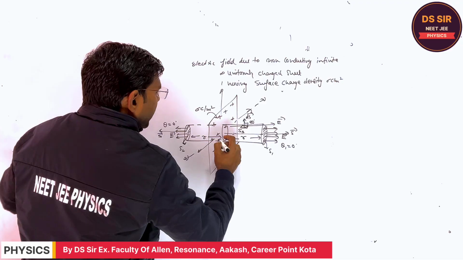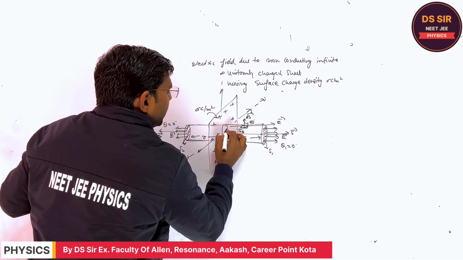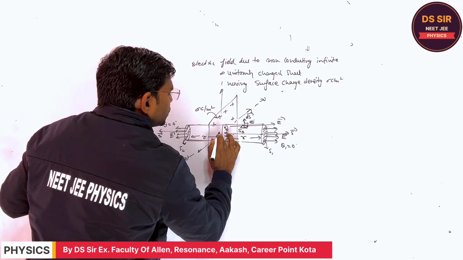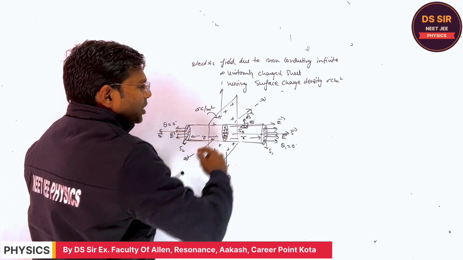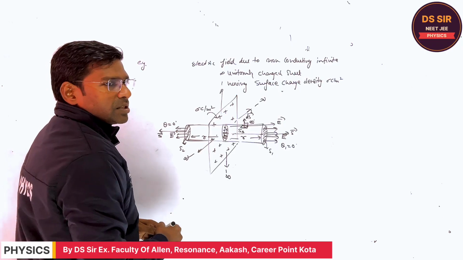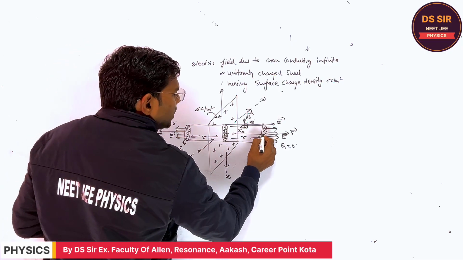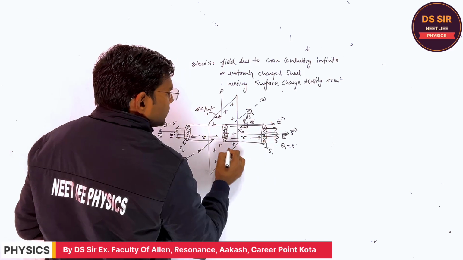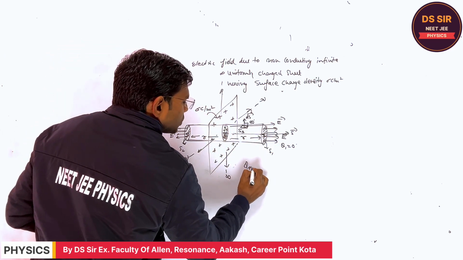Yes, sir. And you consider this is the cylinder. Here, this is the charge, right? This is the charge enclosed by this cylinder. If you consider the area is S, this is also S, this is also S. So what is the charge enclosed here?